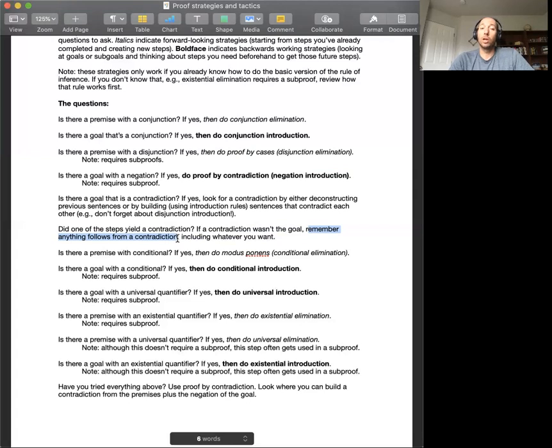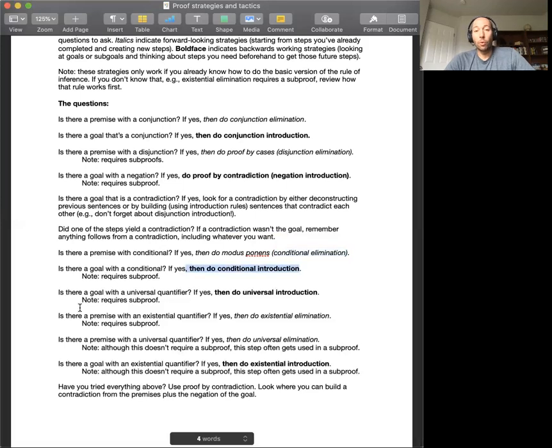So you can use contradiction elimination there to make that statement. Okay, is there a premise with a conditional? Then remember, you can do modus ponens, or what we called conditional elimination, as long as you also have the antecedent of the conditional. Is there a goal with the conditional? Then you should do conditional introduction, and that again requires a subproof.